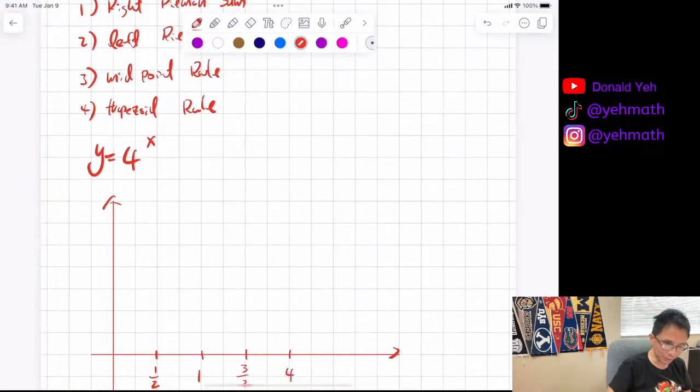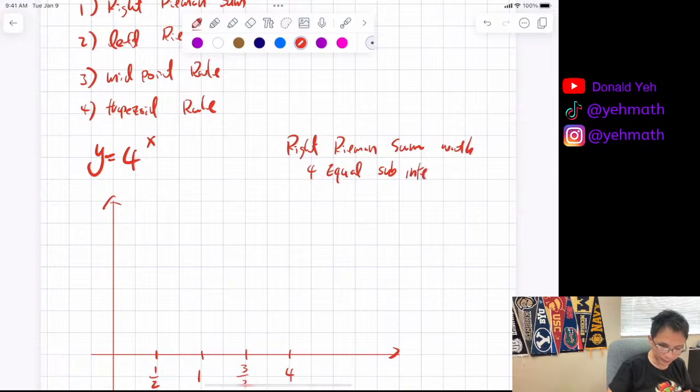The first one I'm going to do is the Riemann sum with 4 equal subintervals. I don't do 8, I just do 4. I think that's manageable.